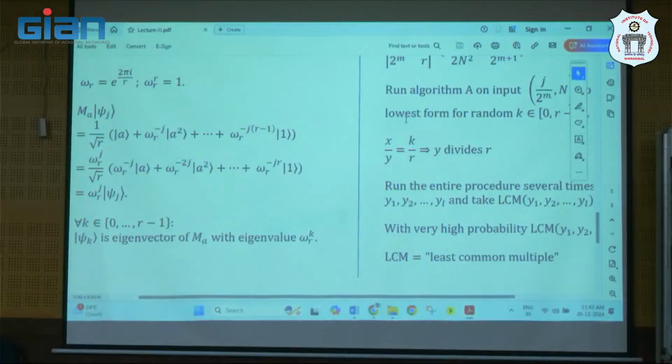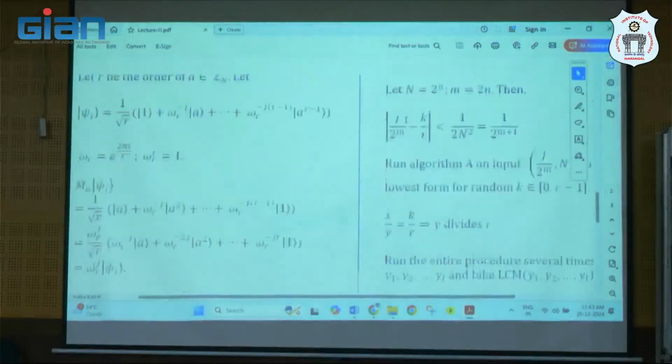So psi k is an eigenvector of MA with eigenvalue omega r to the k. Psi k. Okay? Now what are we going to do?